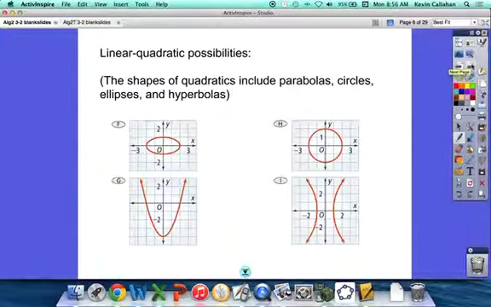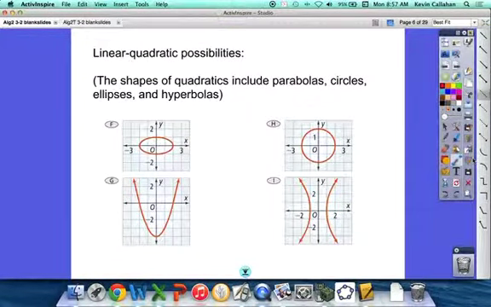Now, the linear quadratic possibilities. Actually, so here's the parabola that we're familiar with. But there's actually more possibilities than just that. A quadratic, although it wouldn't be a function, could be all what we call the conic sections. Ellipse, right? Circle, and this is called a hyperbola. It's actually the shape of the graph with an inverse variation.